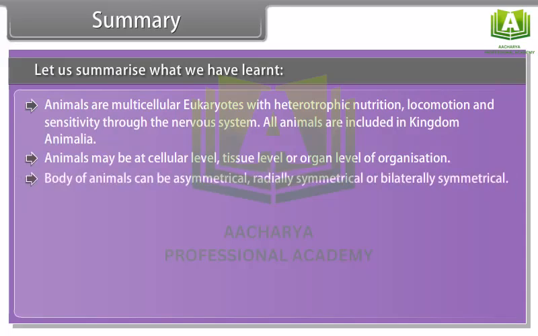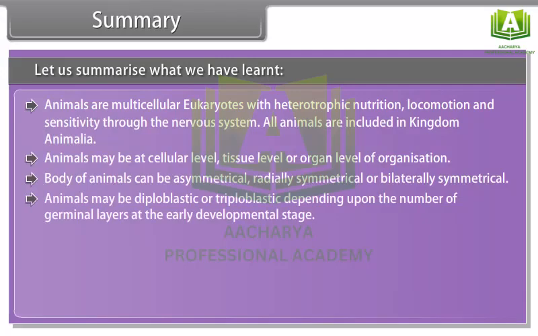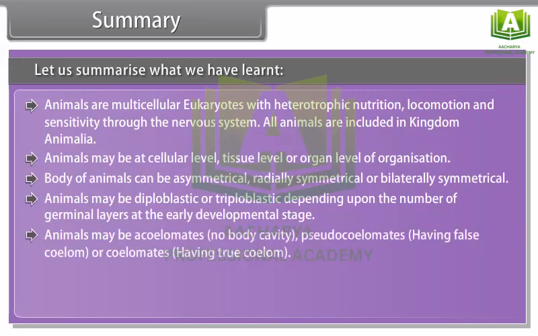The body of animals can be asymmetrical, radially symmetrical, or bilaterally symmetrical. Animals may be diploblastic or triploblastic depending upon the number of germinal layers at the early developmental stage. Animals may be acoelomates, with no body cavity, pseudocoelomates having a false coelom, or coelomates having a true coelom.